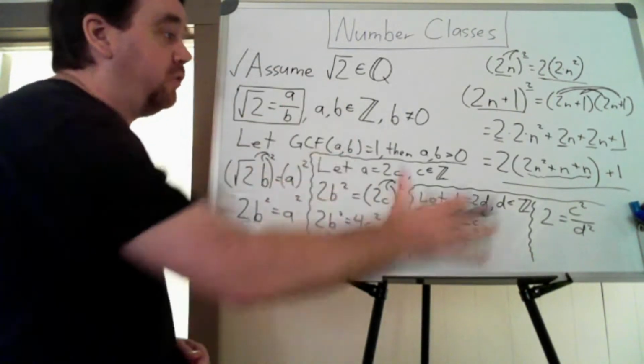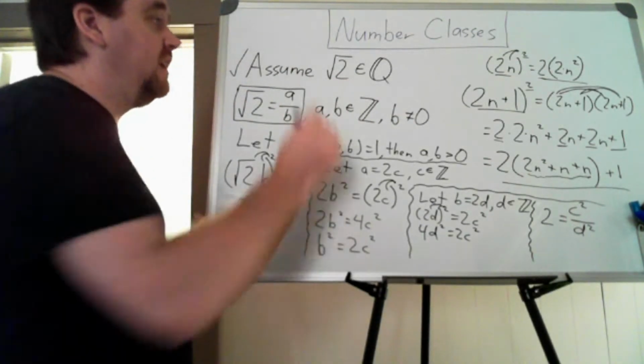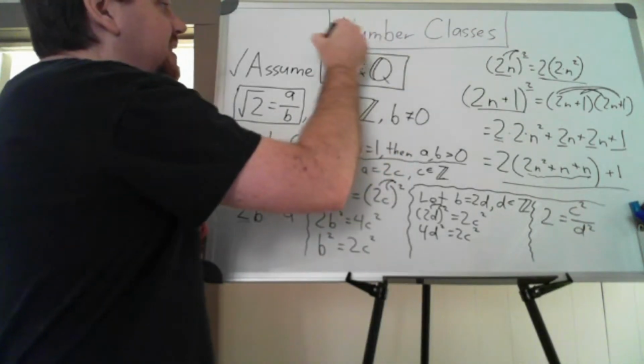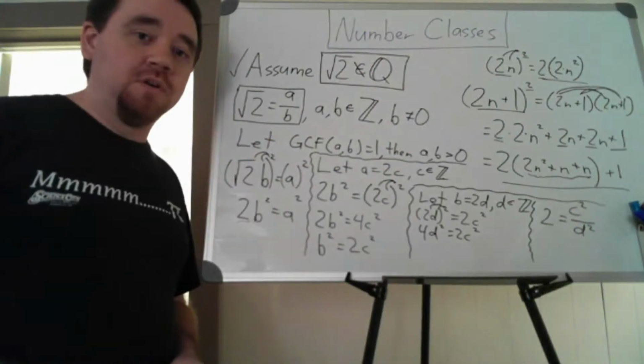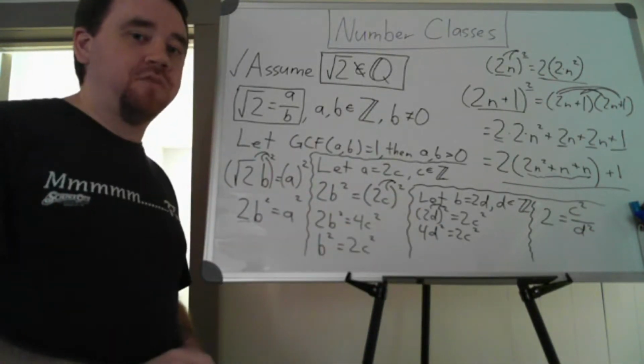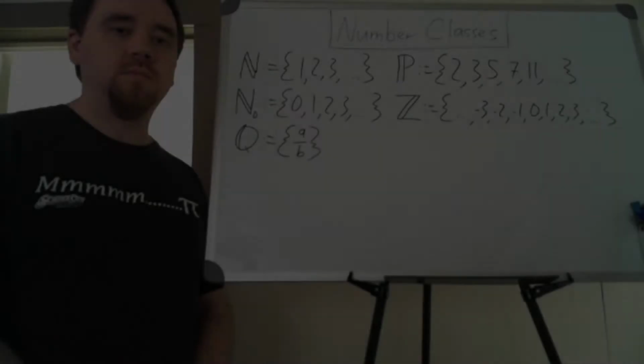Because all of this was based on this being true. So what does that mean? It's actually that the square root of 2 is not a rational number. That's what all of this proved to show, which means we've just found a new class of numbers. And if it's not rational, we call it irrational.